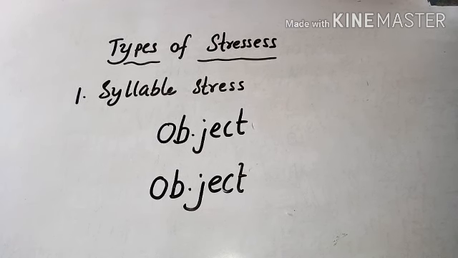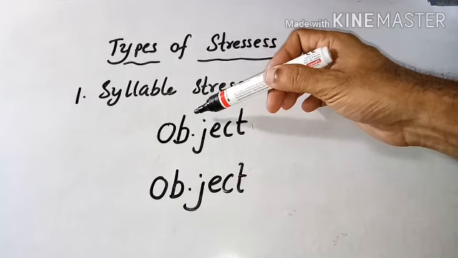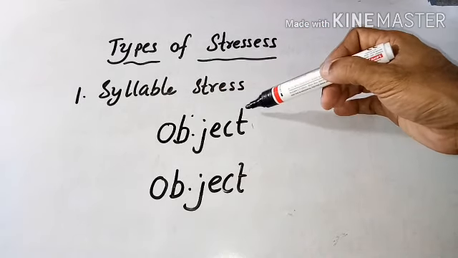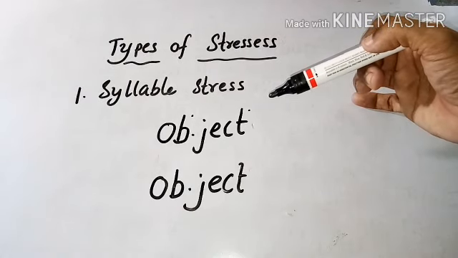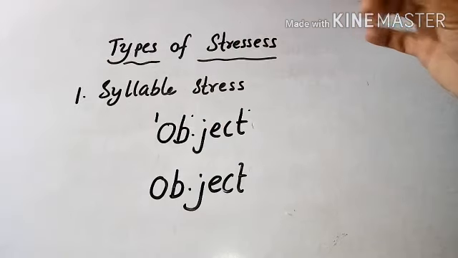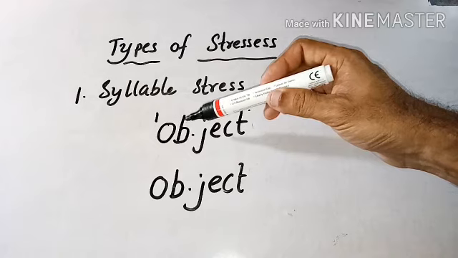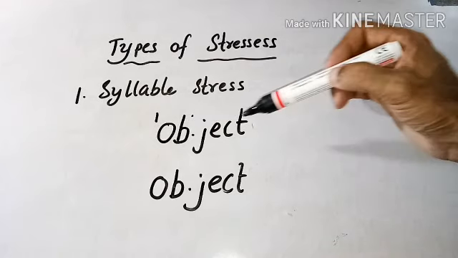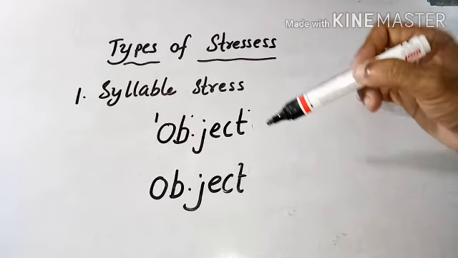The first one is syllable stress. If you observe the example here, we have a word with two syllables, object. If I give more emphasis on the first syllable, marked here with a syllable marker, this should be pronounced as OBject.